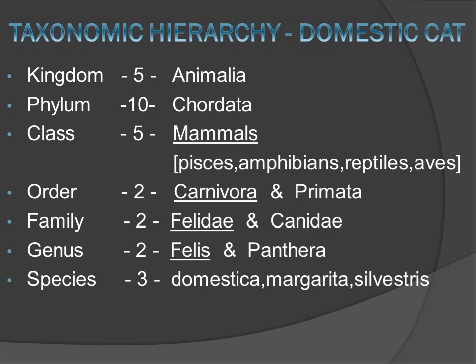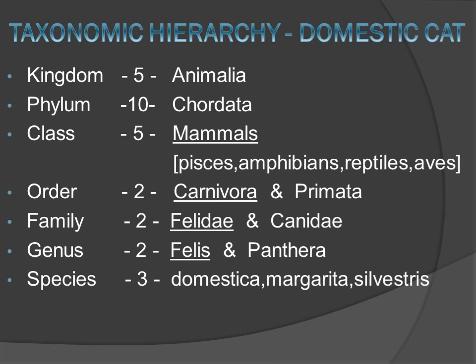And this kingdom Animalia consists of 10 phyla. Have you got my point? These 10 phyla are Protozoa, Porifera, Coelenterata, Platyhelminthes, Aschelminthes, Annelida, Arthropoda, Mollusca, Echinodermata and Chordata. Among this, domestic cat comes under the phylum Chordata.